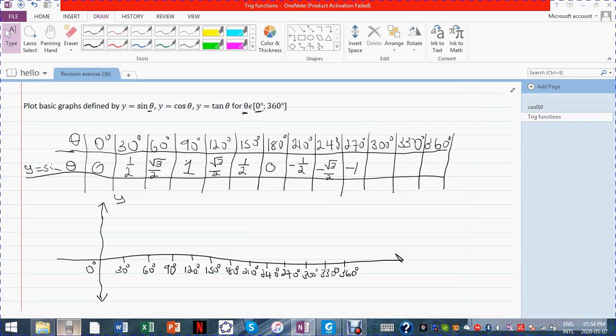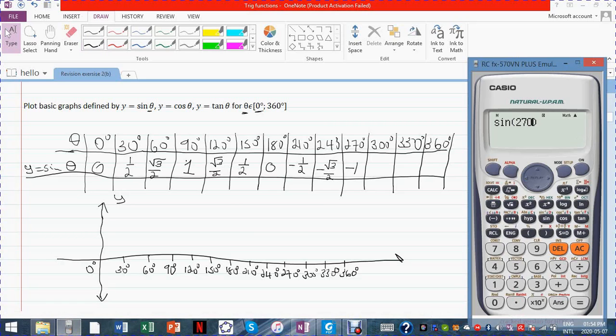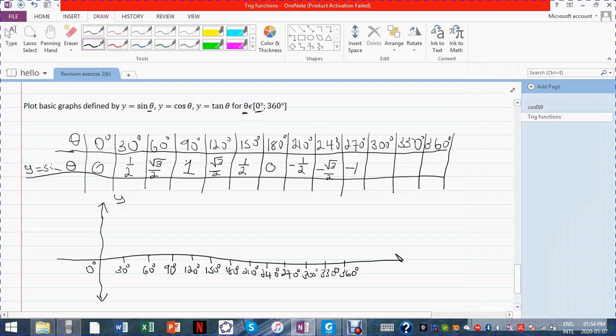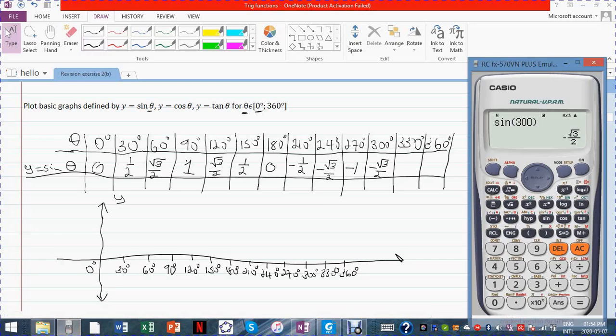Sine of 300. Sine of 300 gives us negative root 3/2. And then sine of 330.